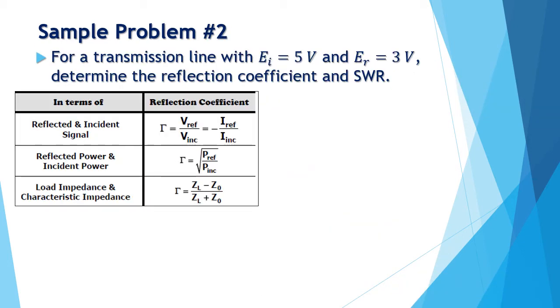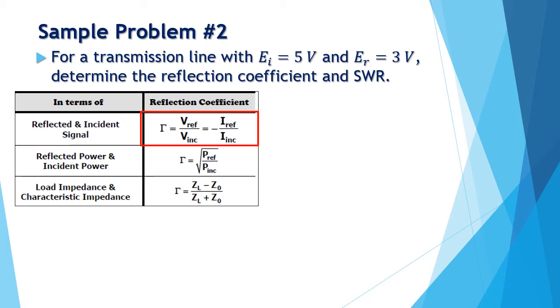Sample problem number 2. For a transmission line with incident voltage E sub I equal to 5 volts and reflected voltage E sub R equal to 3 volts, determine the reflection coefficient and SWR. Reflection coefficient has many formulas, but for this problem, we're going to use this formula, since our V ref and V ins are already given.